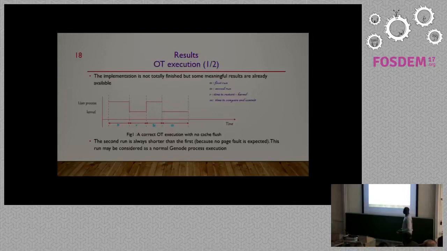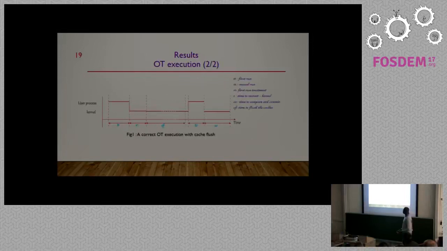So that is okay. But what we also remarked is that the time we spend in the kernel between the first execution and the second execution is extremely long. Our measurements show that we can spend up to 80% of the time doing some work in the kernel between these 2 executions.